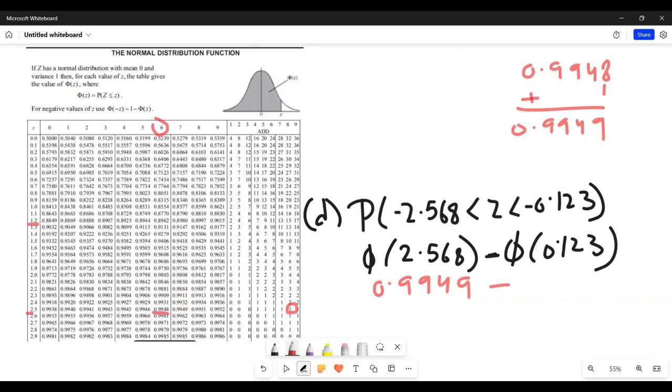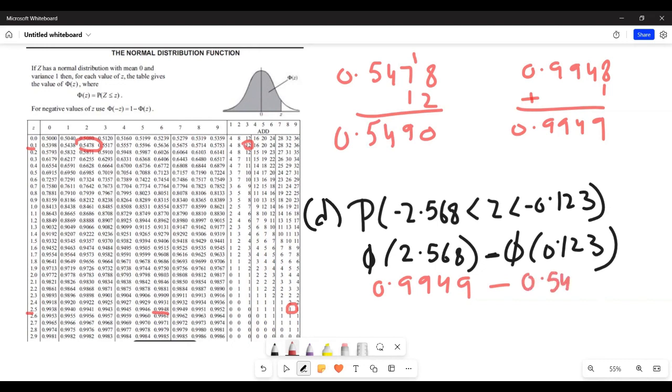Let me fix that. 0.123. So 0.1 is here, 2 is here, and 3 has 12 written underneath that. So we add 12 to the last 1 and 2 to the last two numbers. So this is what I'm getting, 0.549, which gives 0.4459.